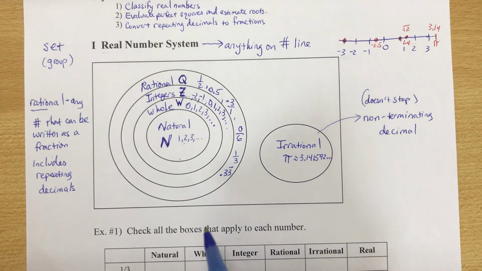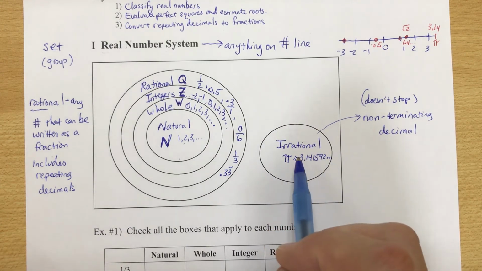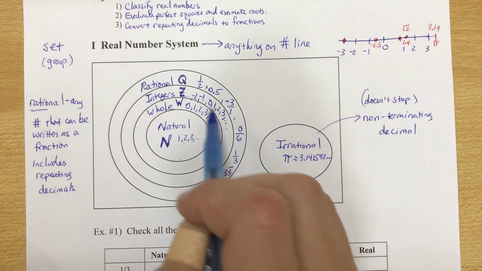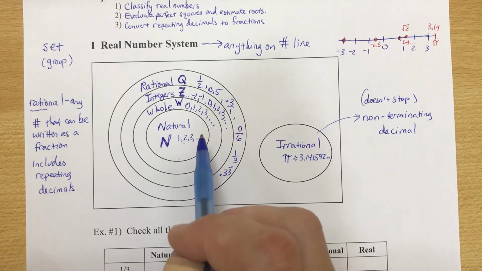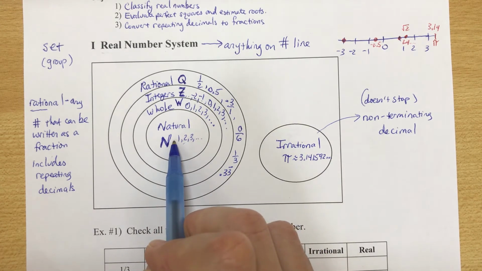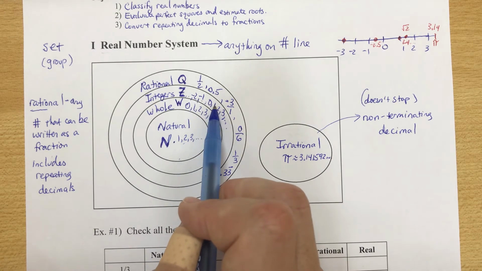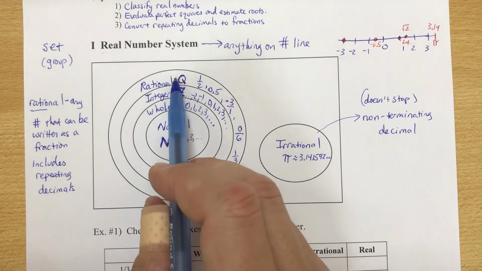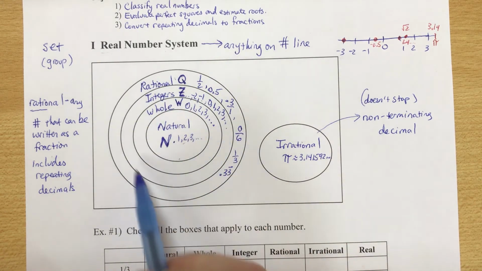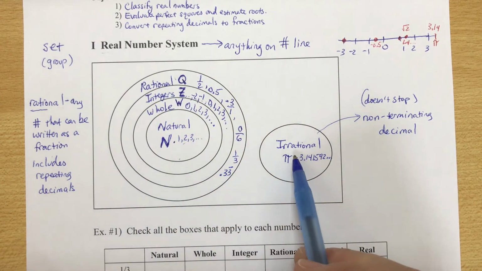Now the thing you need to notice is that the irrational circle is completely separated from all of these. Anything that is natural is also in the whole numbers, is also in the integers, is also in the rational. But anything that's rational cannot be irrational.